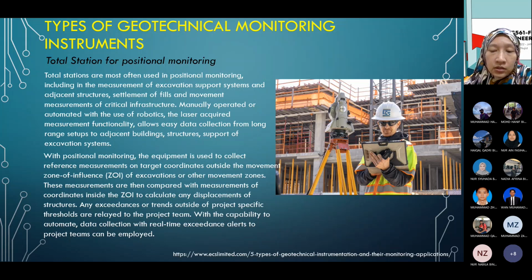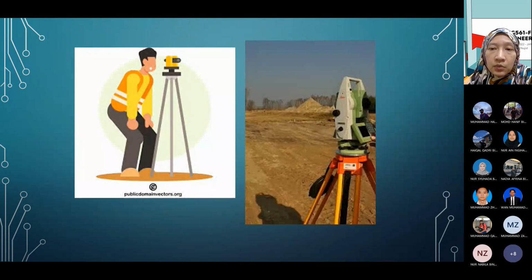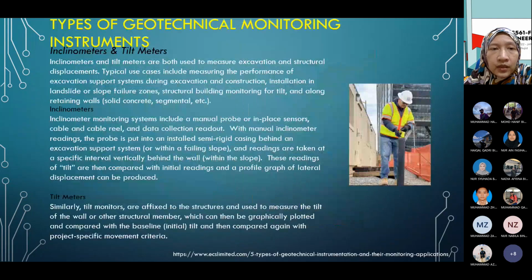The person will record the data, and the other two persons will do the measurements. So it is time consuming in terms of data collection. So this is similar for total stations. So you can see that at the early stage of the project, where we have a site clearance, we measure the distance from one point to another point. Have we reached the locations of the site boundary area?